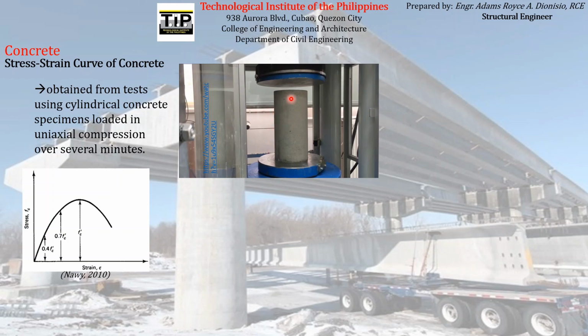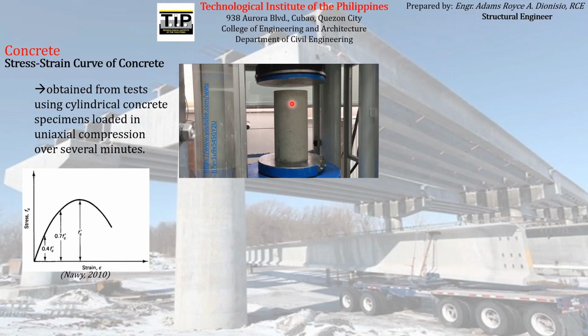It is subjected to a compressive force applied by the loading part of this testing machine. Usually, the machine used for compressive strength is the universal testing machine, the UTM.